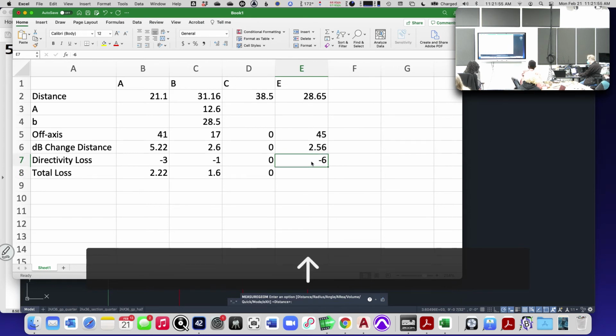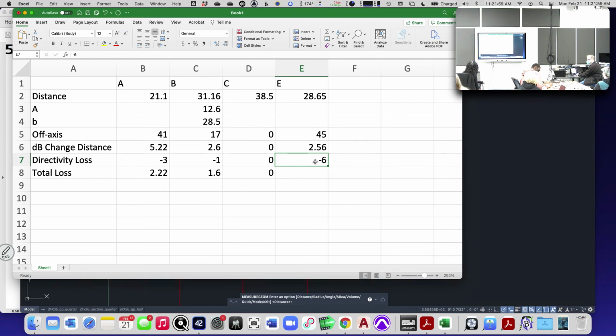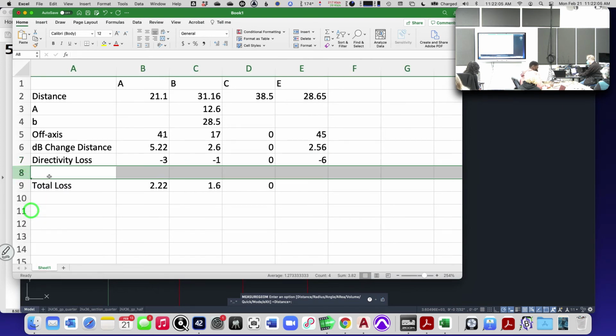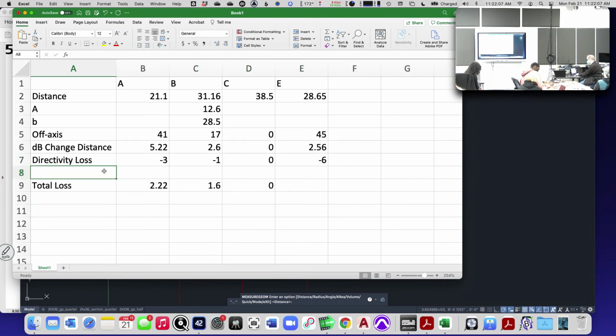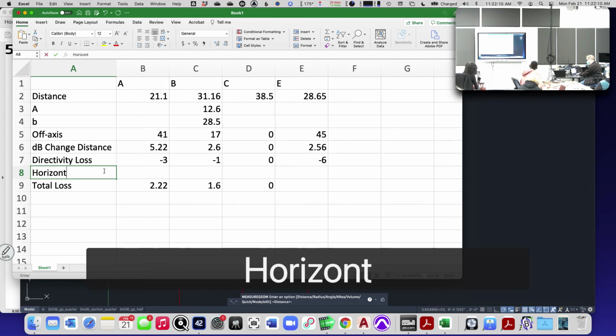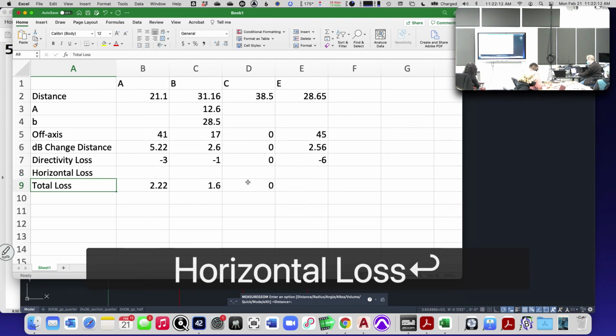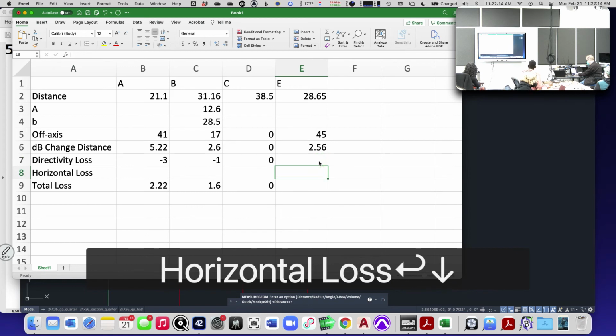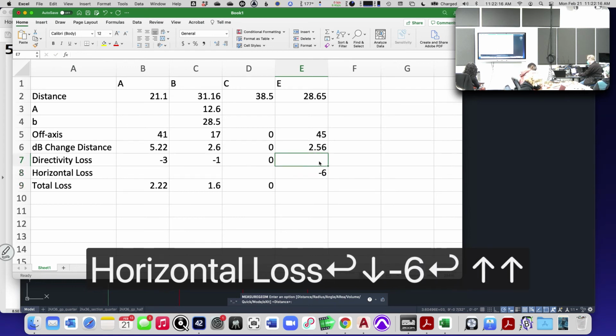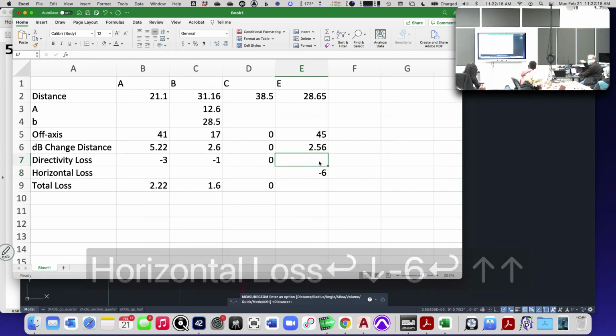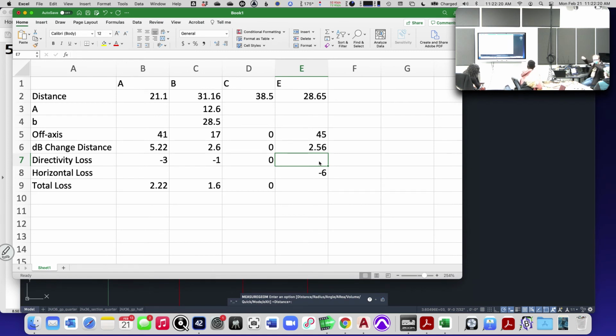So now we're talking about vertical directivity loss and horizontal directivity loss. I'm going to need to insert a new row here. So we have horizontal loss, and that's actually the -6 because we were horizontal. And vertical, we still have the -1. Now in reality, if you could get a 3D plot of this, it would be not necessarily the sum, but that's the only information we have.